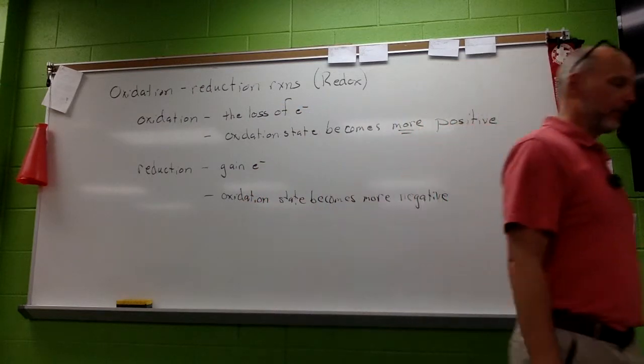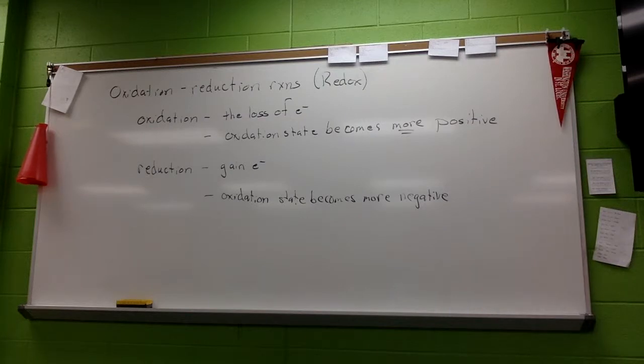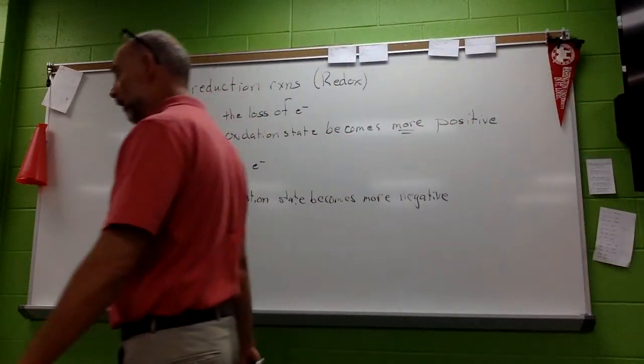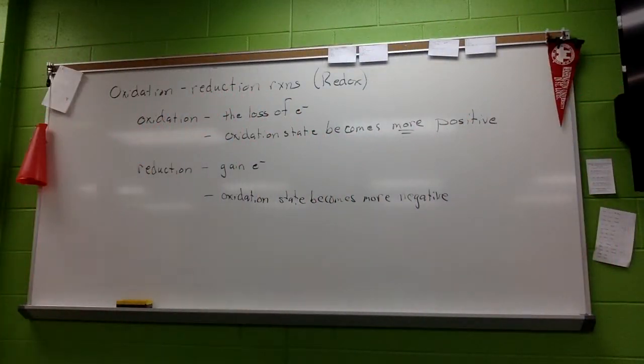Now, again, I'm going to emphasize that it doesn't necessarily become negative, it becomes more negative. So, for example, if we see an atom that goes from a +3 to a 0, it has reduced because it became more negative or less positive, whichever way you want to look at it. Hunky-dory so far? All right.